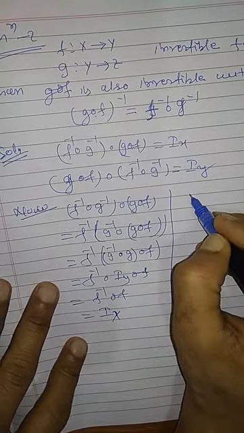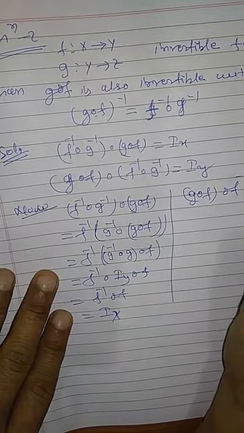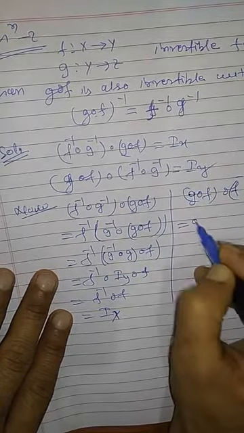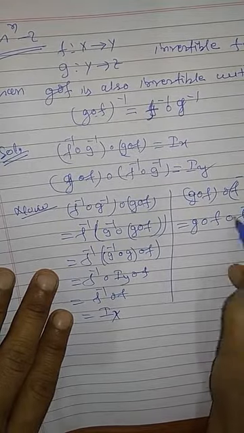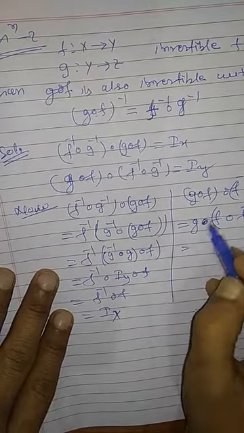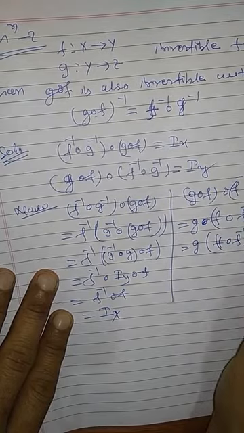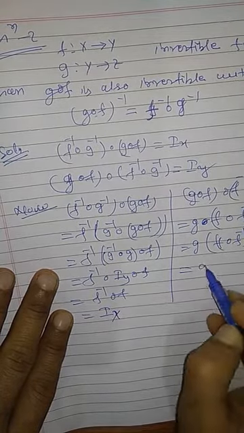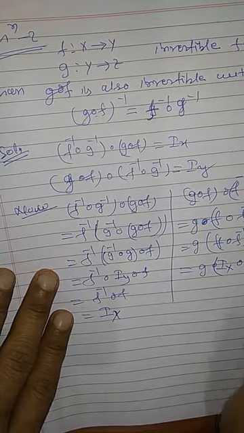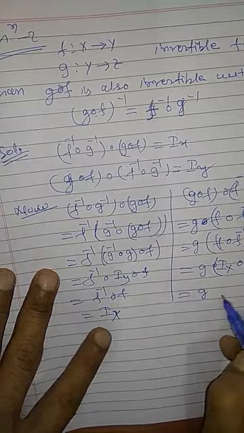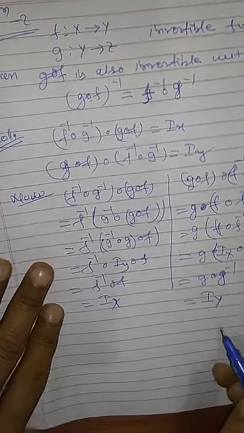Similarly, second part, that is (g o f) o (f inverse o g inverse) is equal to g o (f o f inverse) o g inverse. So g of Ix of g inverse is equal to g of g inverse is equal to Iy.